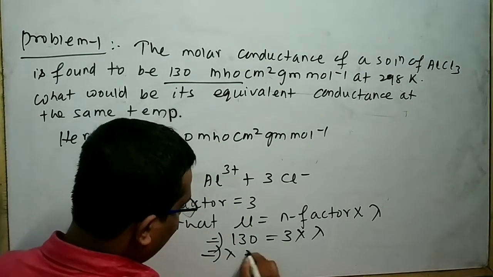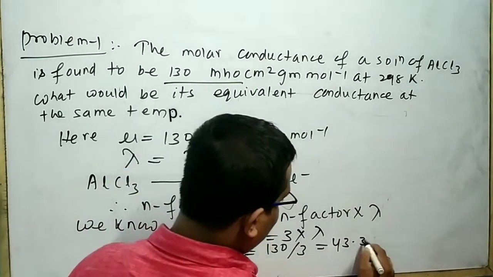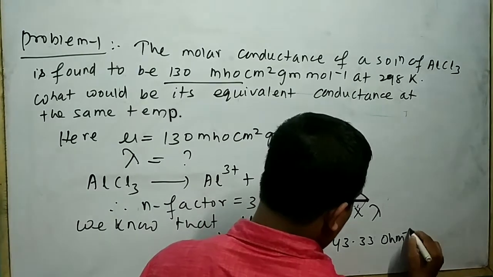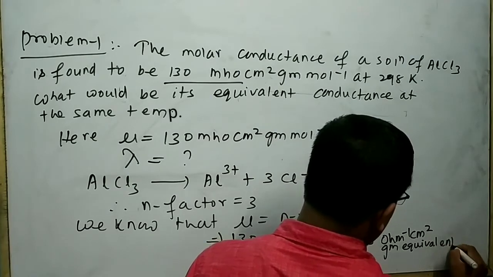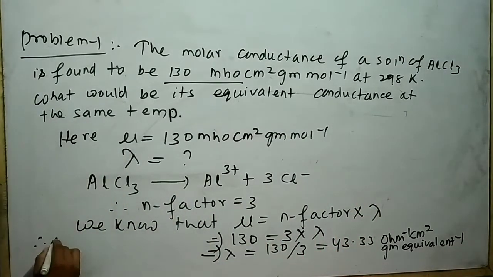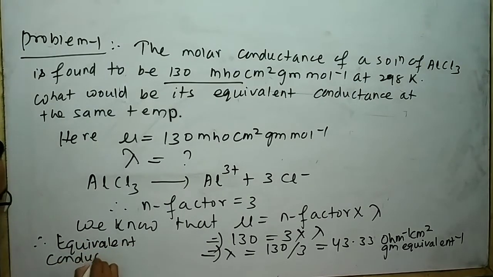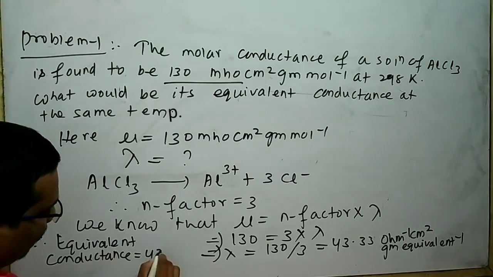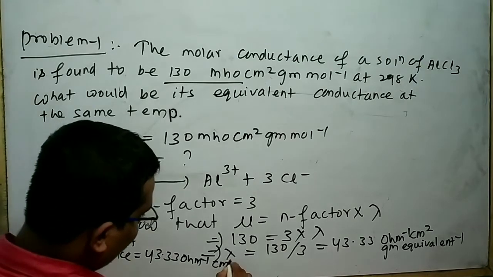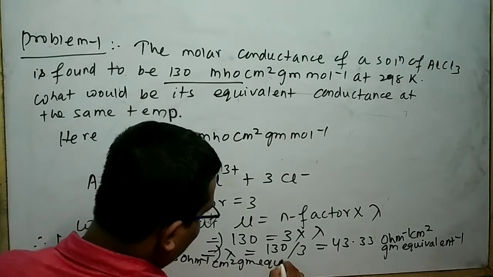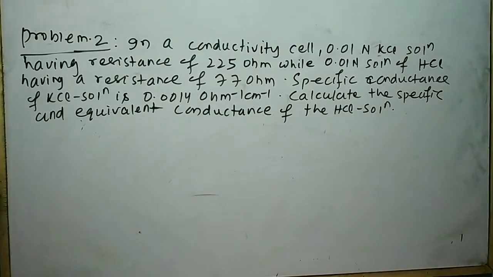Next lambda is equal to 130 divided by 3 equal to 43.33 ohm inverse cm square gram equivalent inverse. Therefore, equivalent conductance equal to 43.33 ohm inverse cm square gram equivalent inverse.